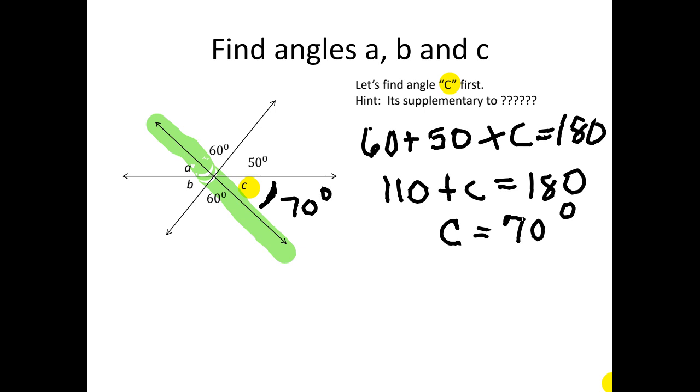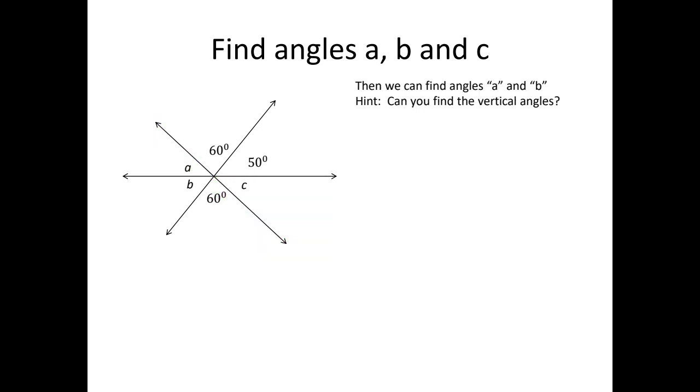Now, how do we find A and B? Well, A is over here, okay? Now remember, we just found C, which is right here. This is 70 degrees. And we need to find B, which is over here. Well, here again, see this line?